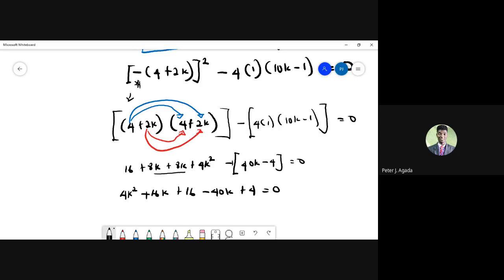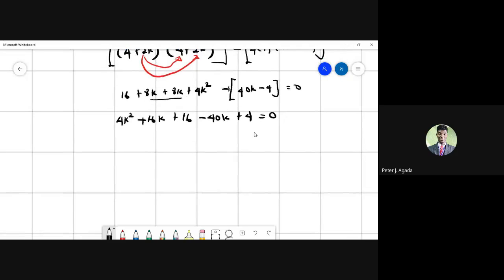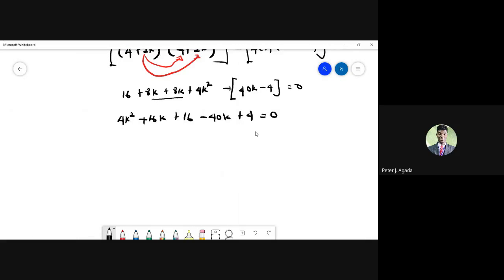We can actually still reduce. Looking at this equation simply means that we can still work on it to further simplify it.